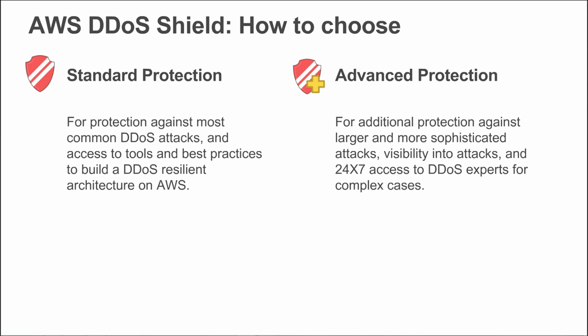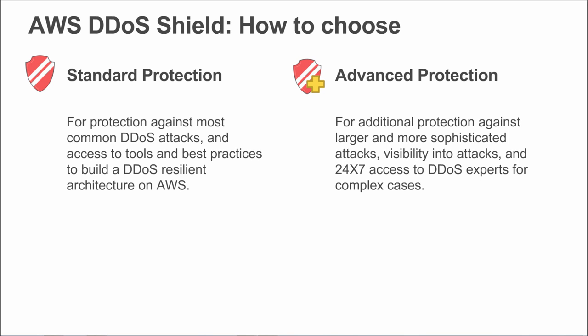Now, for some of you who are in industries that are more vulnerable to DDoS, more sophisticated DDoS attacks could use advanced protection from large and sophisticated DDoS attacks. Now, you might also have requirements that are regulatory in nature to provide visibility to your customers when there is an attack.